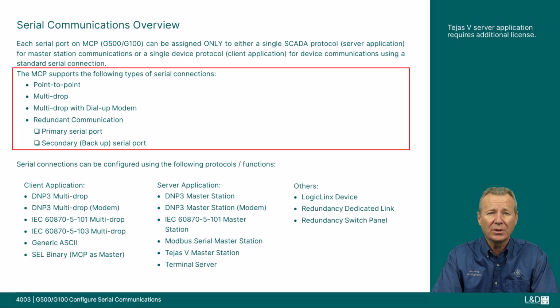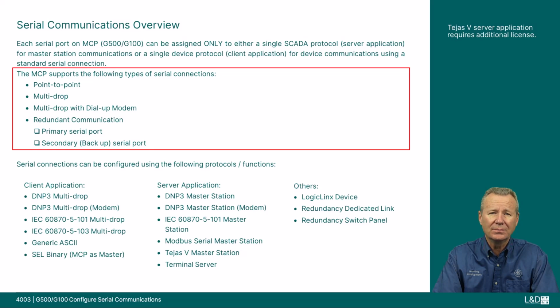Some devices support a daisy chain connection in which multiple devices are wired together from one to the other. A multi-drop configuration requires additional configuration to set up each individual device on a multi-drop connection. Multi-drop with dial-up modem: a multi-drop communication using dial-up modem connection.